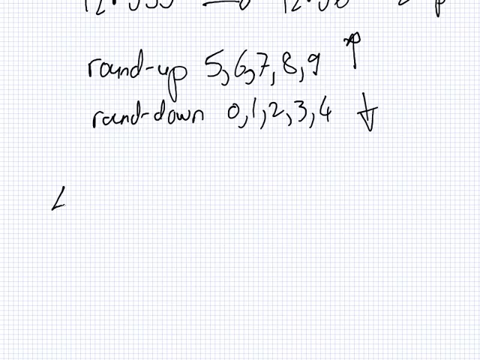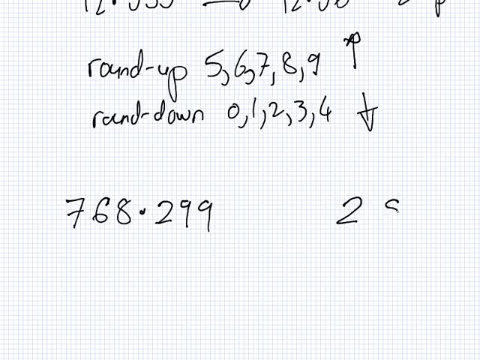So if I said 421 point, let's make it a little more interesting now, 768.299. If I said here 2 significant figures, what would that be? 0.0. Yeah. So significant figures start at the beginning of the number.